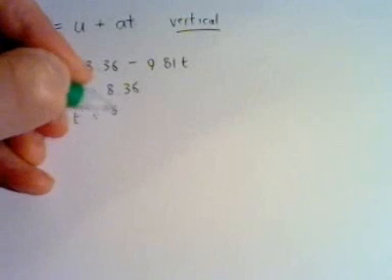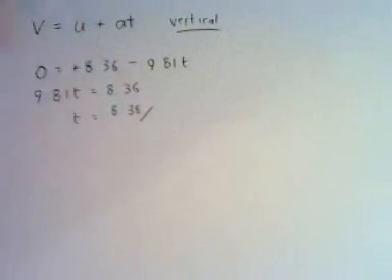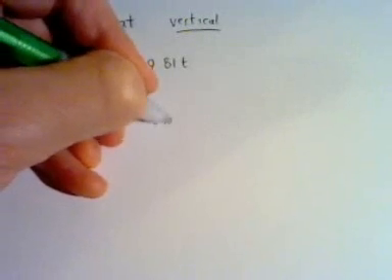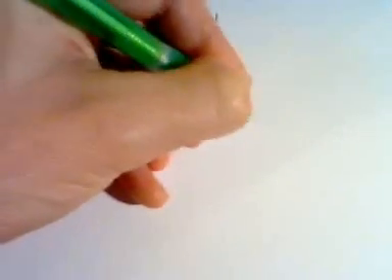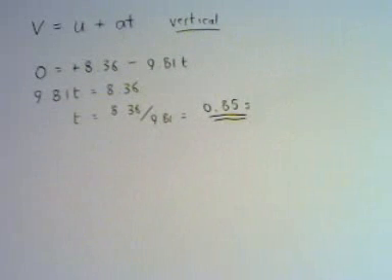So t is 8.36 divided by 9.81, which is 0.85 seconds.